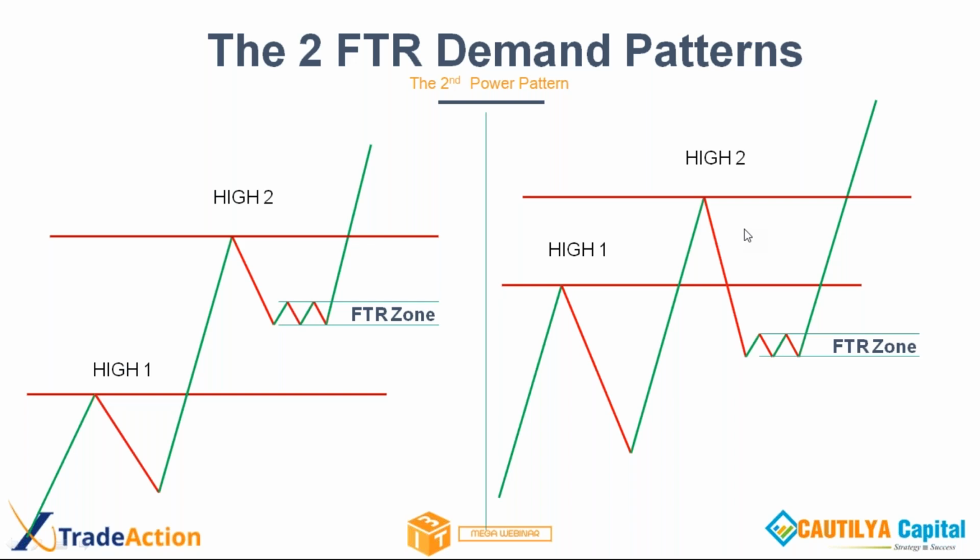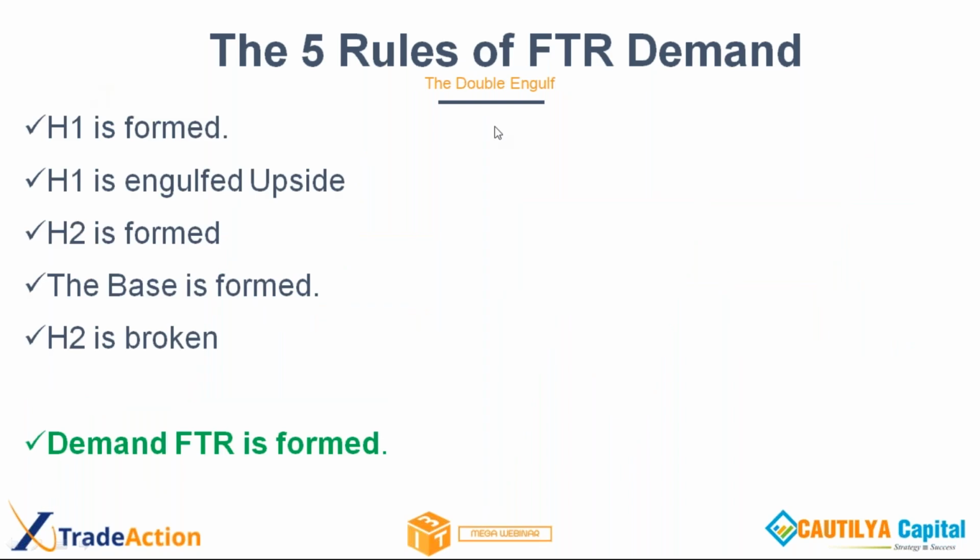That question should never come to your mind because we have only 5 rules, and both these scenarios respect the 5 rules. High 1 formed, high 1 broken, high 2 formed, base formed, high 2 broken, finally FTR is formed. Just simple 5 rules, friends. And I hope I have really simplified the scenario to everyone. Now let's see the summary.